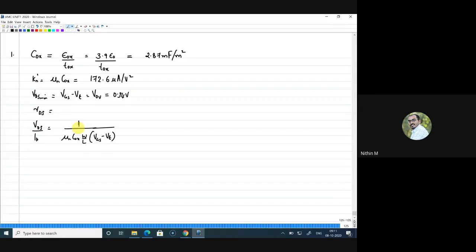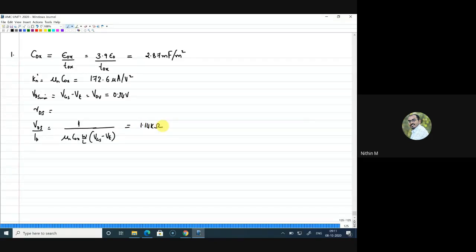So for small values of VDS, your RDS will be 1 by mu n Cox W by L into VGS minus VT, and there you can get the answer. RDS is 1.14 kilo. Yes, 1.14 kilo. That is the answer.